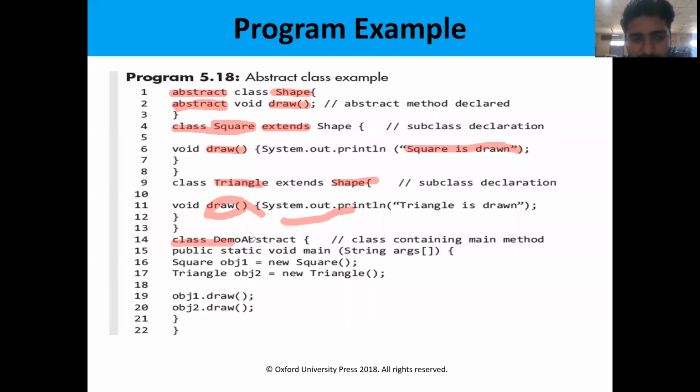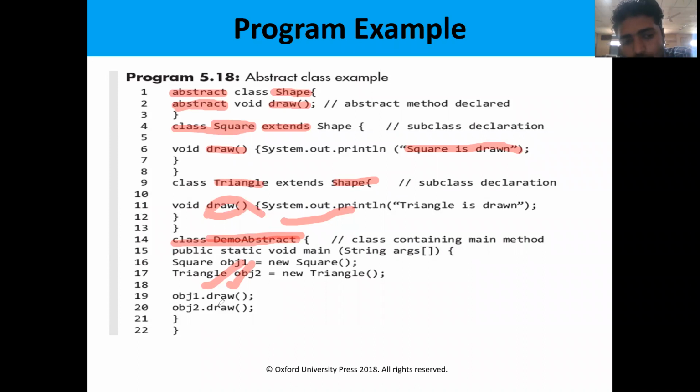Next we have to declare the main class, with public static void main. In that he is creating the objects, object 1 for square, object 2 for triangle. He is accessing the method draw by using the object. If you want to access the draw method, we need an object, and we have to call the method draw.